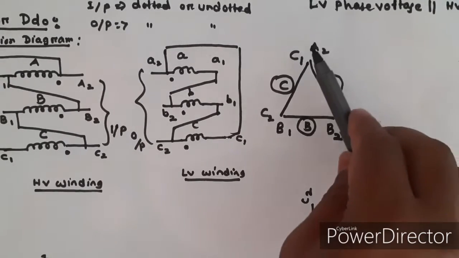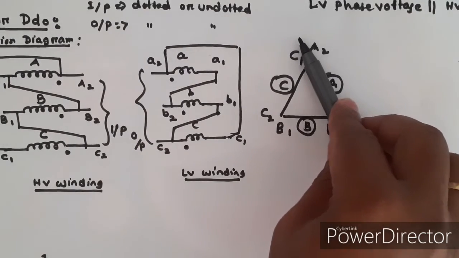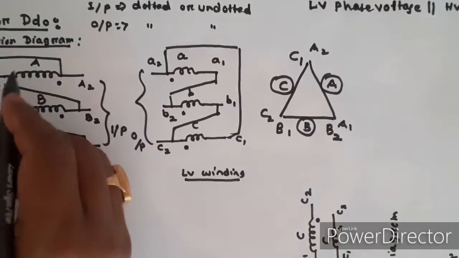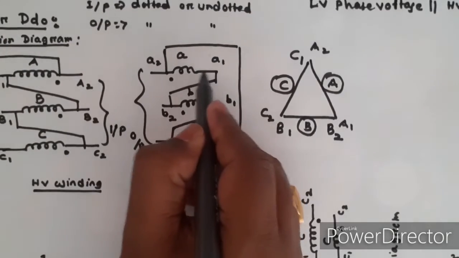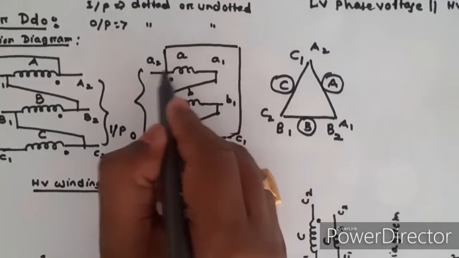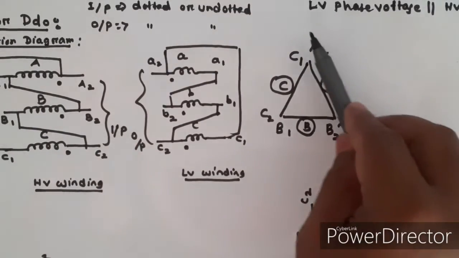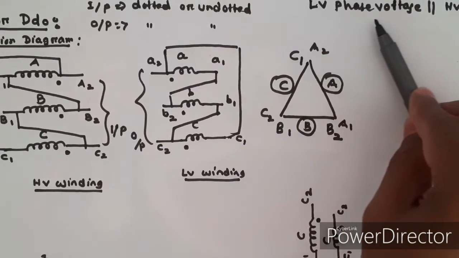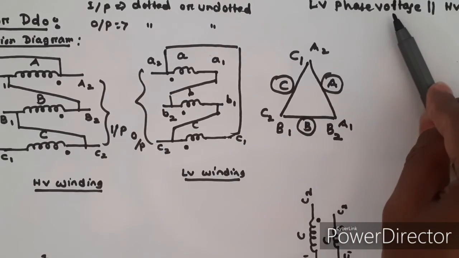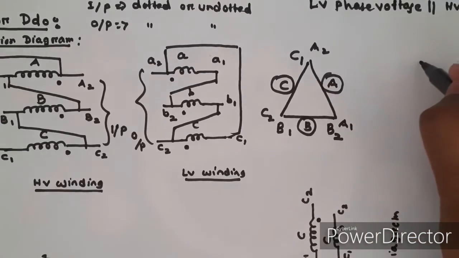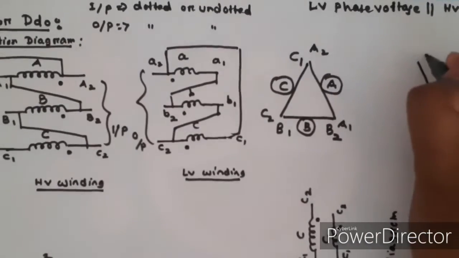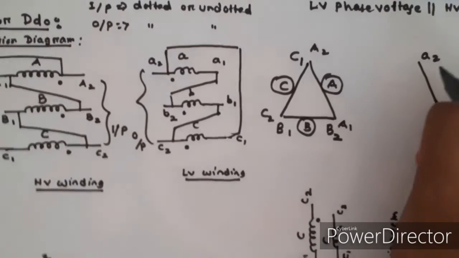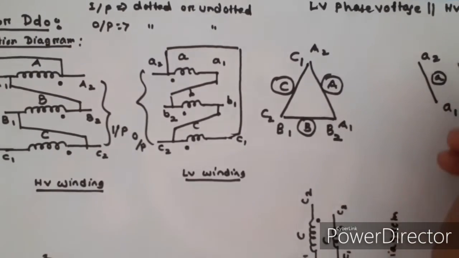That means this is the capital A1 A2 HV phase voltage. The LV phase voltage is small A1 A2, which will be exactly parallel. This is the A phase.